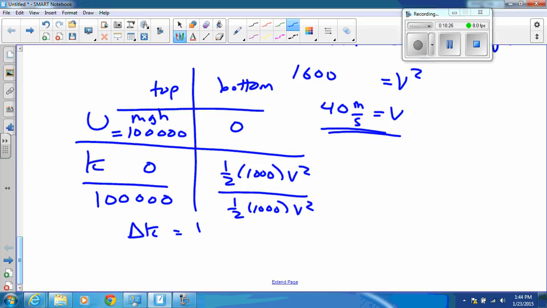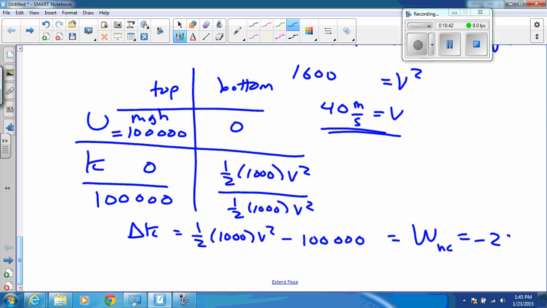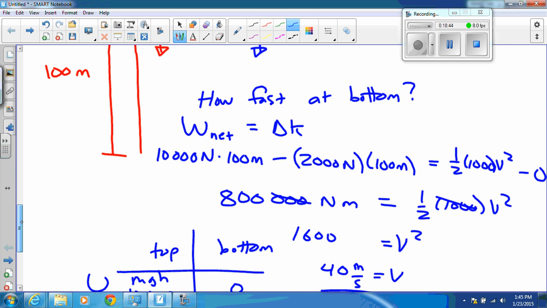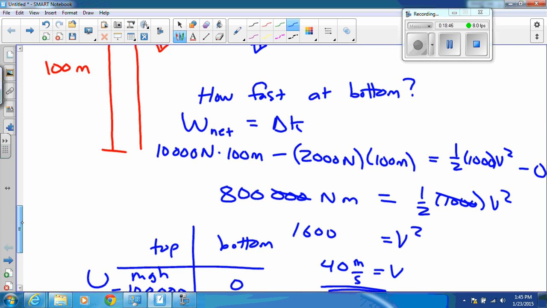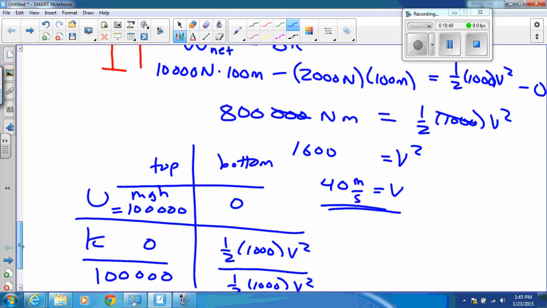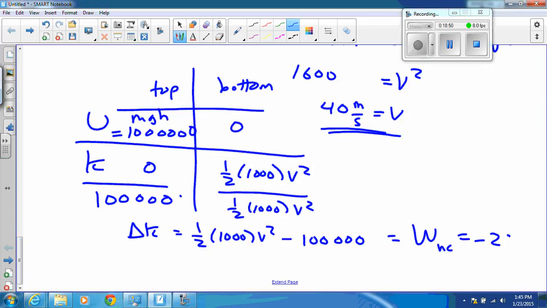The difference in the total, which is 1/2 times 1,000 v squared minus the 100,000 that gravity supplied, equals the work done by the non-conservative force, which we already saw was negative, what was it, negative 20,000? Negative 200,000, and I missed a 0 on this guy. This is a million here.